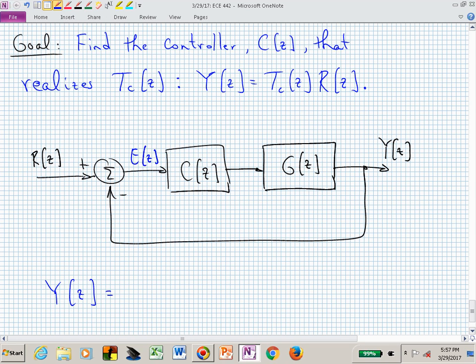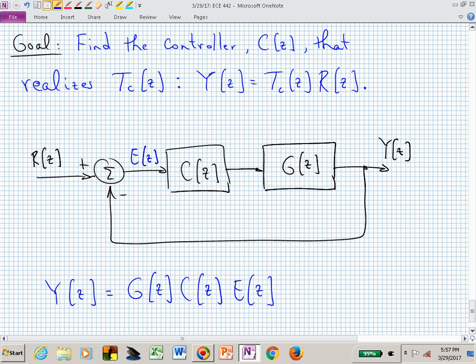Y of Z is now G of Z, C of Z, times E of Z. Y is GCE if I forget the argument.